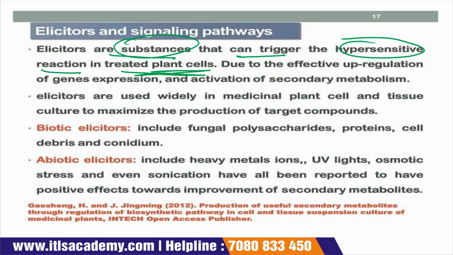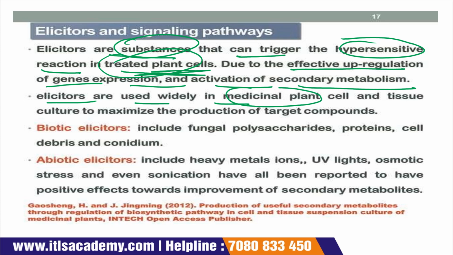The plants used in plant tissue culture can show the hypersensitive reaction due to the effective regulation of gene expression and activation of secondary metabolism. Elicitors are used widely in medicinal plant cell and tissue culture to maximize the production of the target compound.